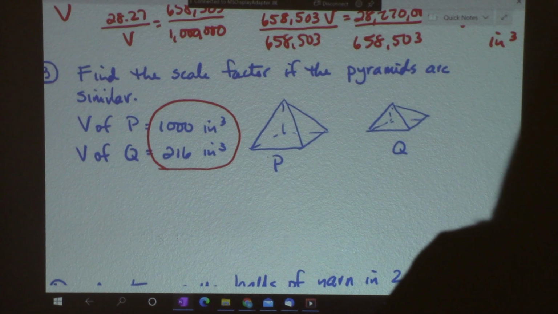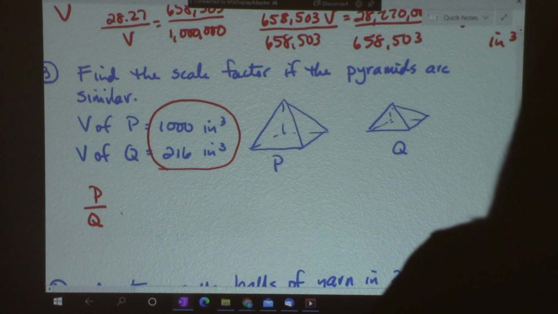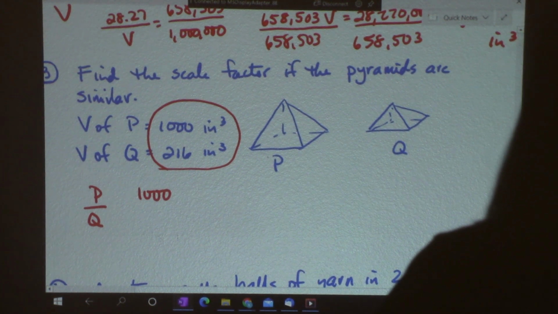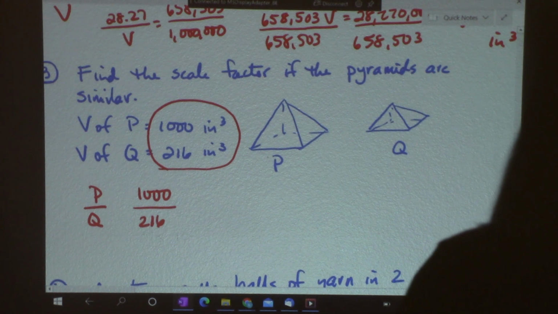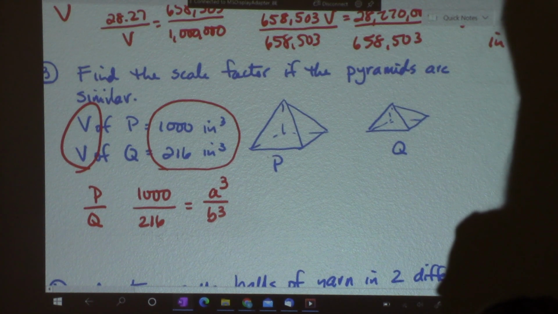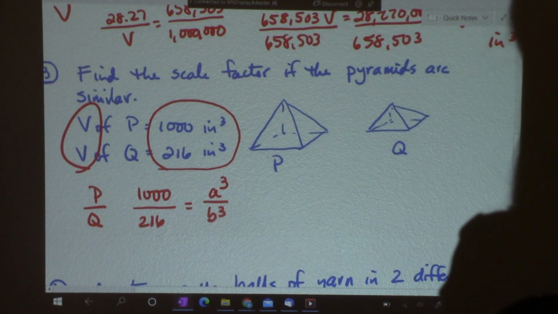So if I'm comparing P to Q, all right, then it's going to be 1,000 to 216. Now that is the cubed version, right? Because I'm told it's the volume, so the numbers are already cubed.